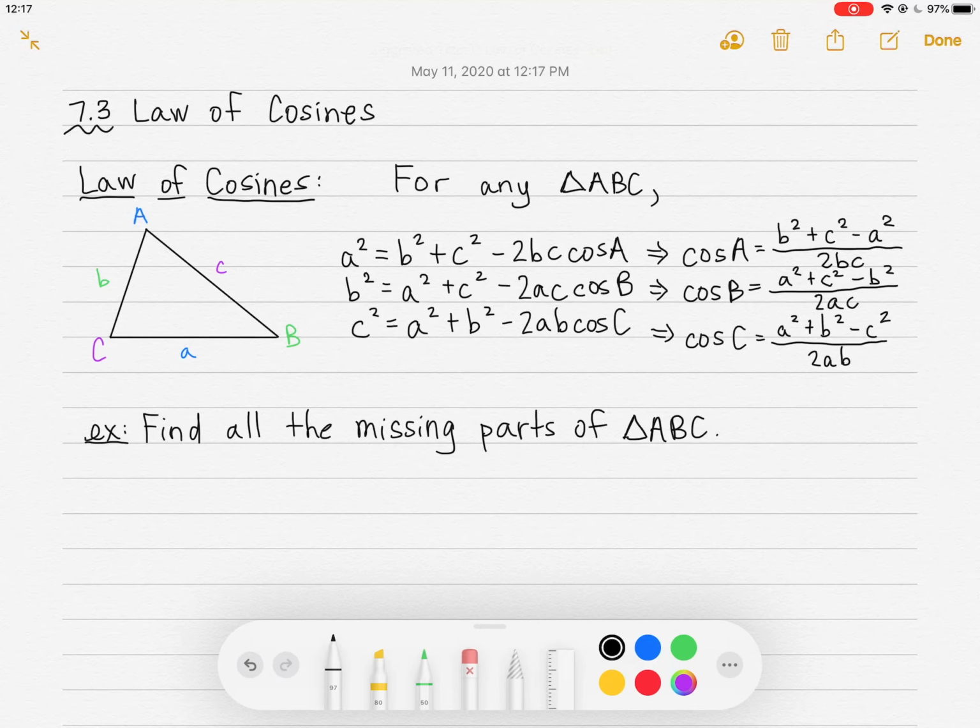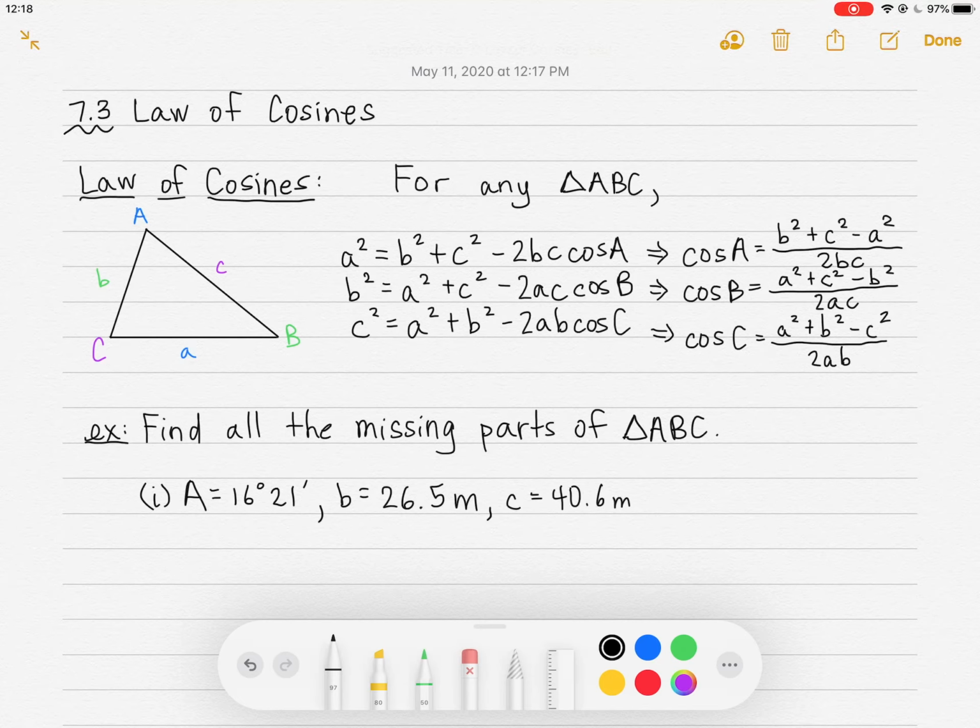Example number 1 is big A is equal to 16 degrees 21 minutes. Little b is equal to 26.5 meters. And little c is equal to 40.6 meters.